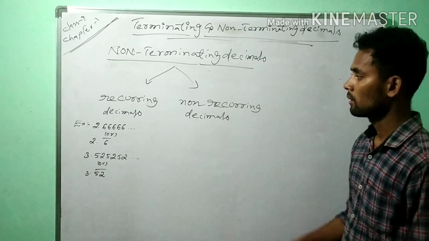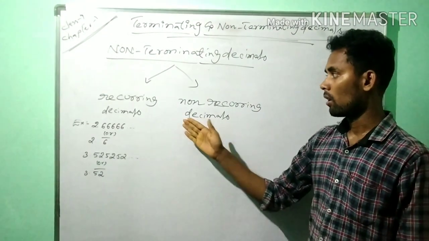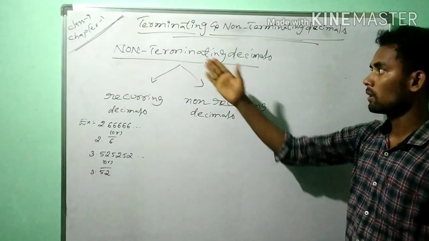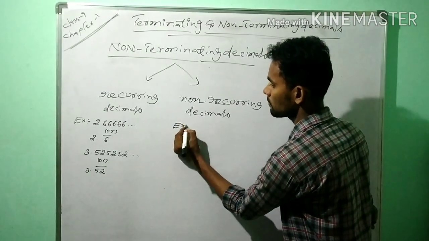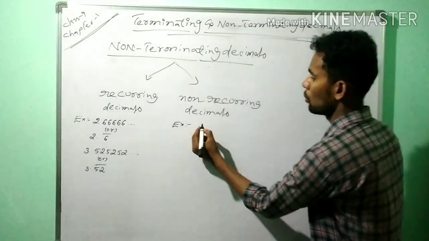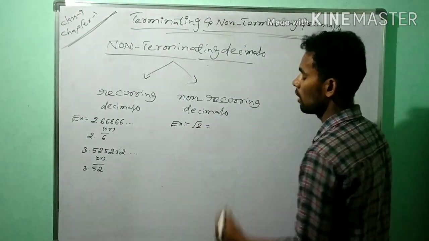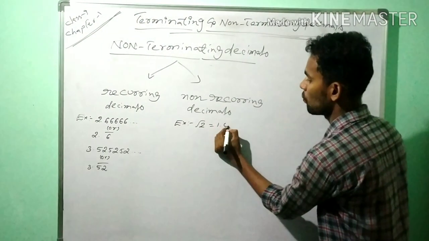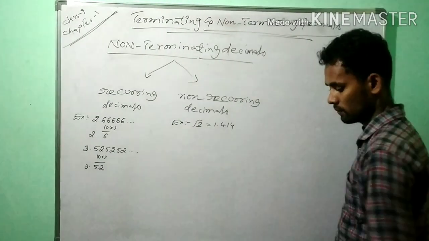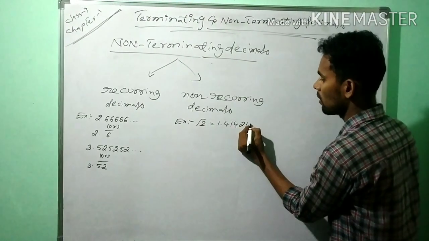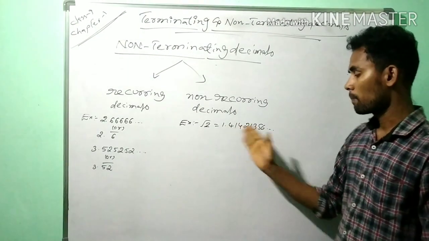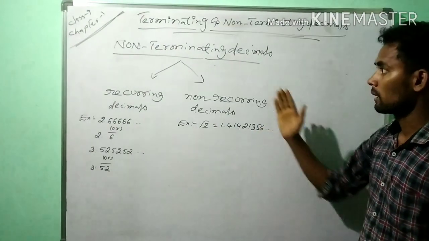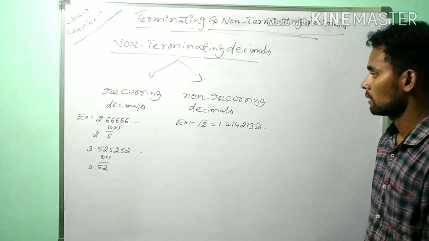Non-recurring means non-repeating numbers in non-terminating decimals. For example, root 2 equals 1.41421356. The digits are not repeating in this non-terminating decimal.